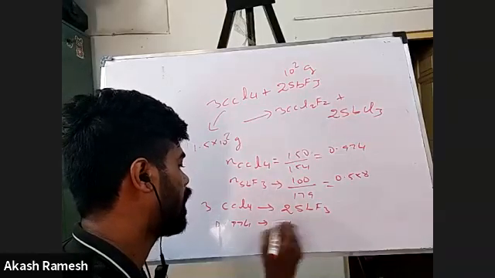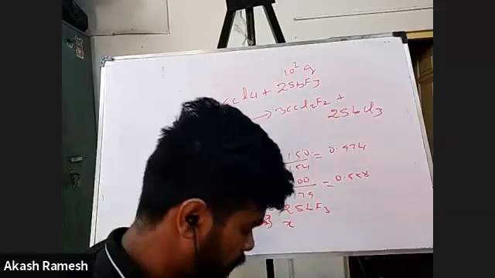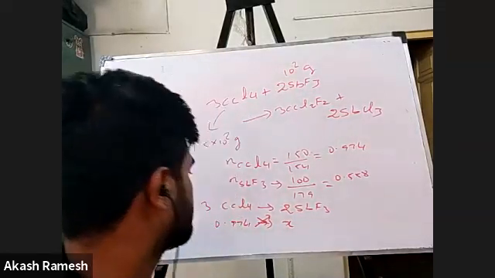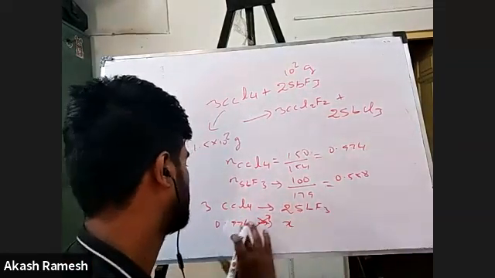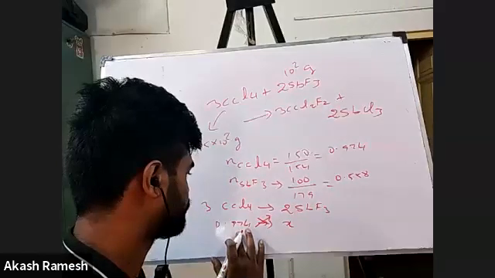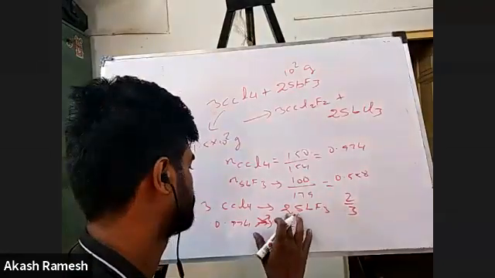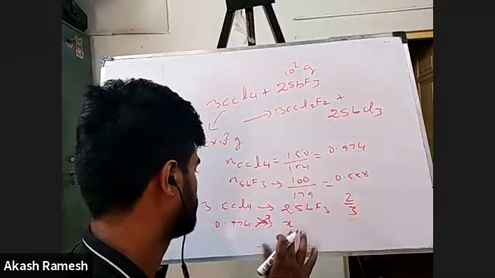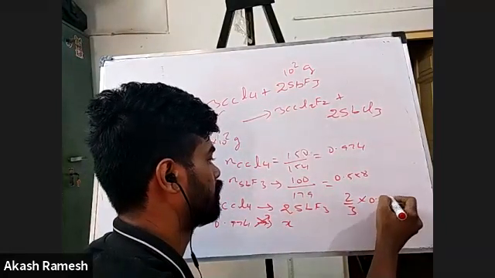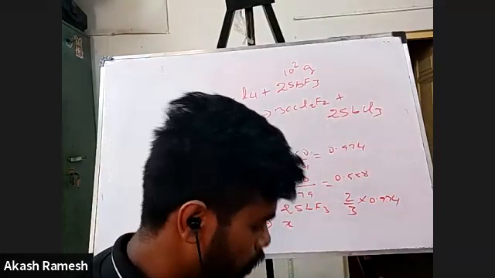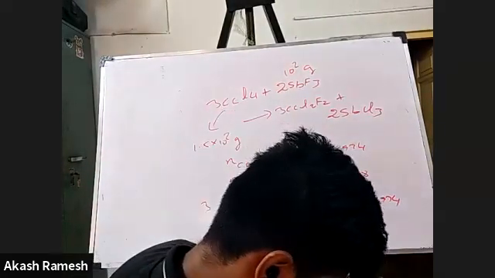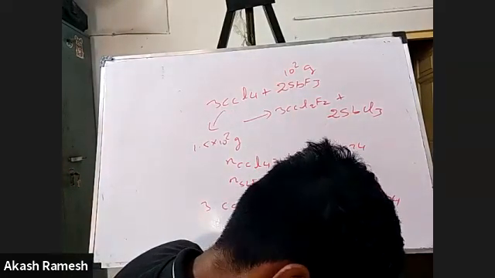If I have this, how many moles of SbF3 are required? If you calculate this, X would be 2 by 3 into 0.974.